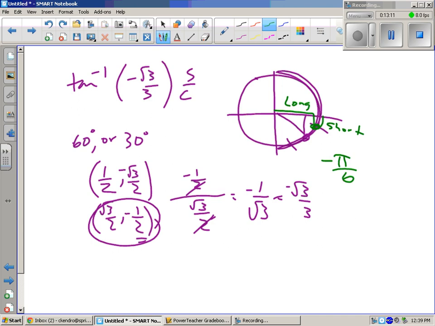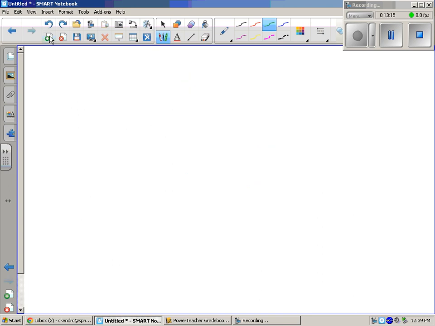All right, let me show you one more thing, and then we'll be done for the day. All right, let's say we're taking the cosine of the inverse sine of 4/5. Now remember, inverse with the negative 1 means you're trying to find the angle. So what do we know about sine? We know that sine is y over r.